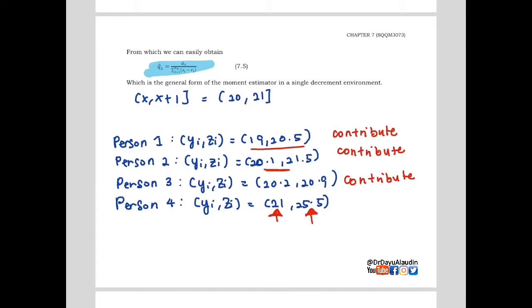It joined the group after the interval, so it does not contribute. So the number of people contributing at 20 is only 1, 2, and 3. So nx, or n20, is equal to 3.